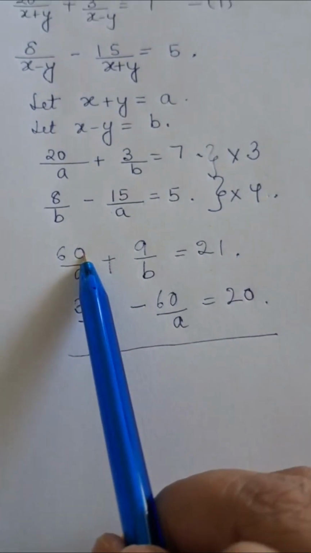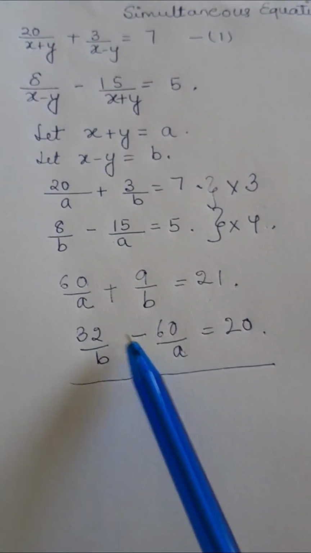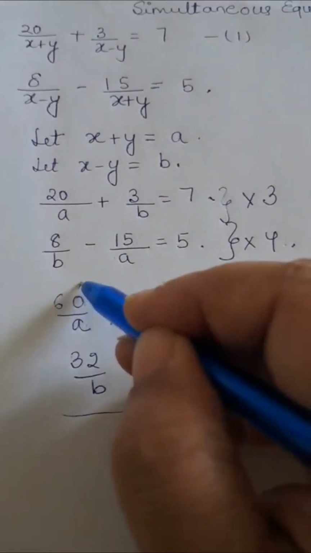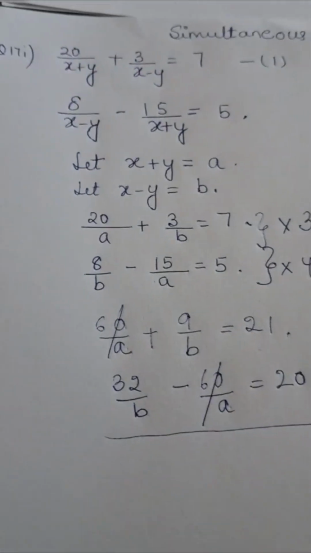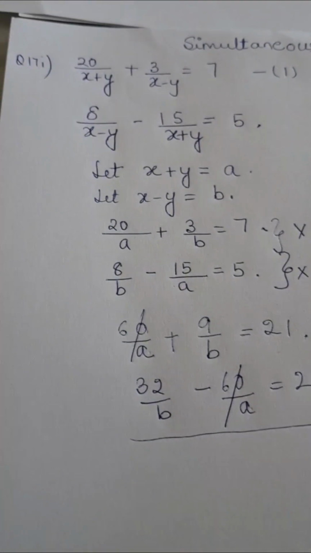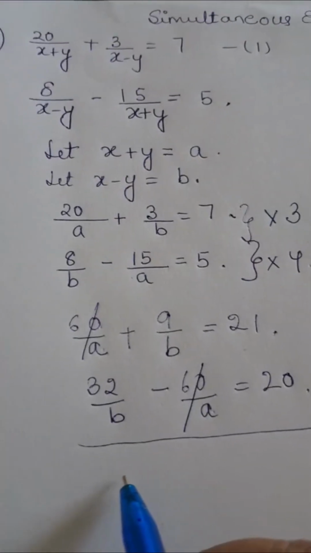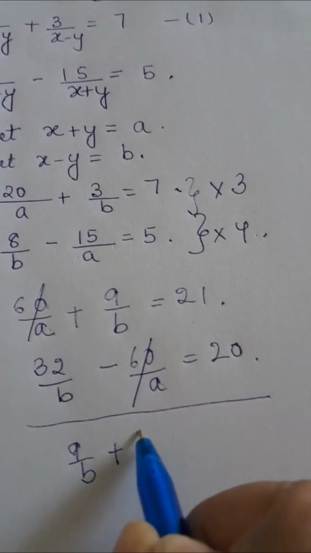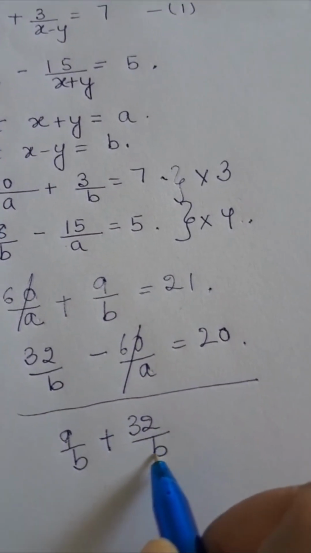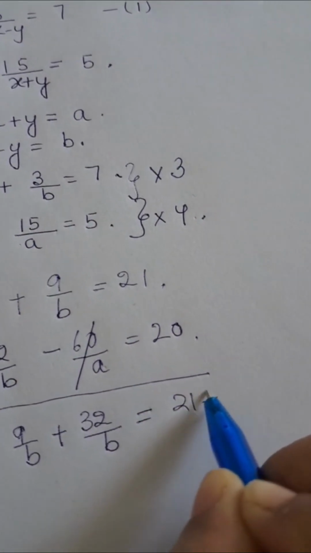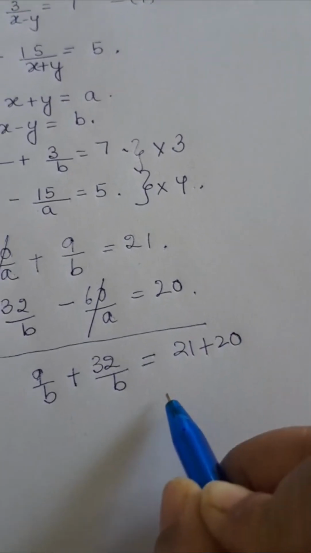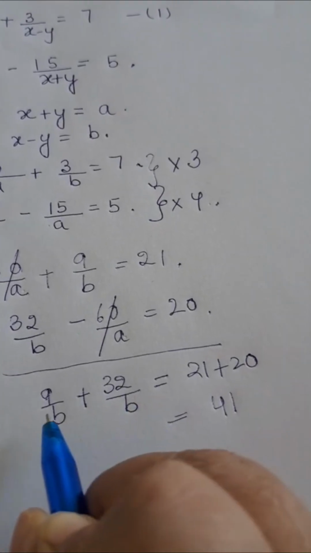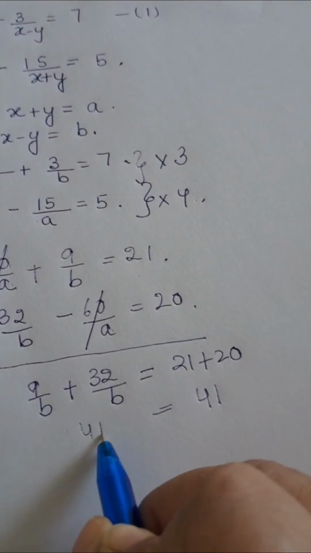Now we will solve these two equations. Here 60 by a and 60 by a, the signs are different, so no need to change the sign. We will subtract. 60 by a minus 60 by a cancels. Now we will do the operation on b. 9 by b plus 32 by b is equal to 21 plus 22. 21 plus 22 becomes 41 and 32 plus 9 becomes 41b.